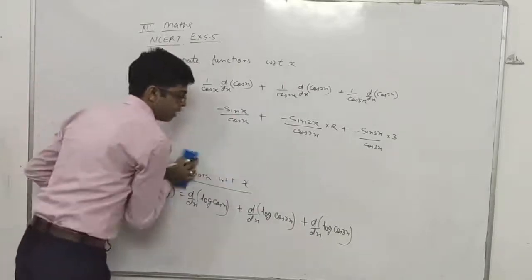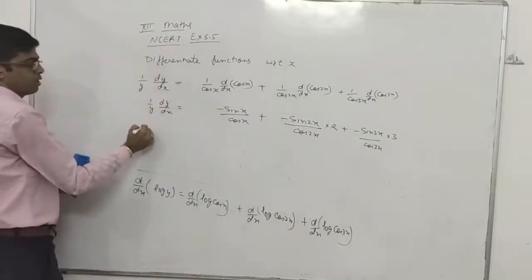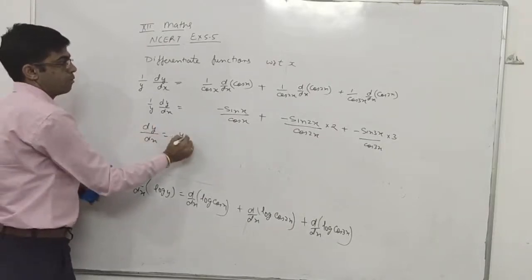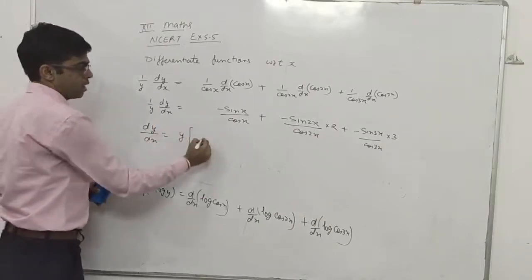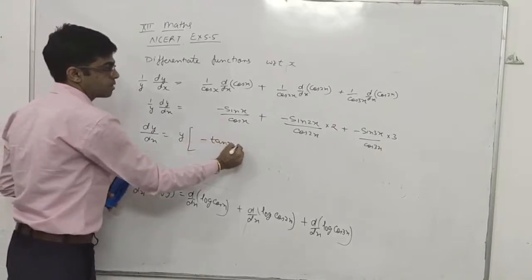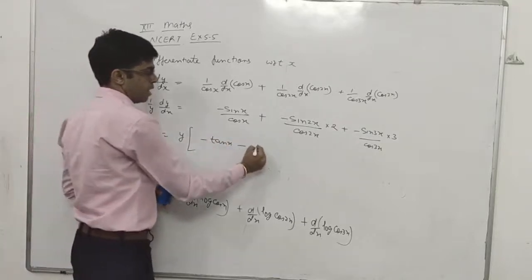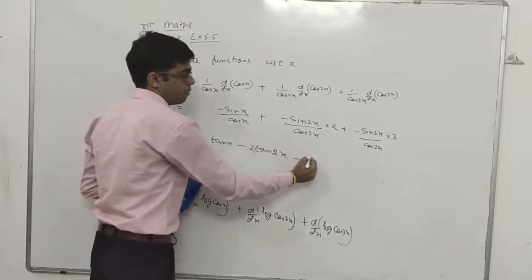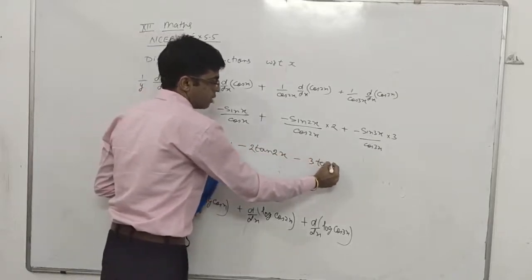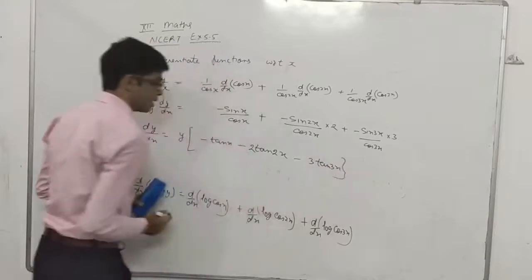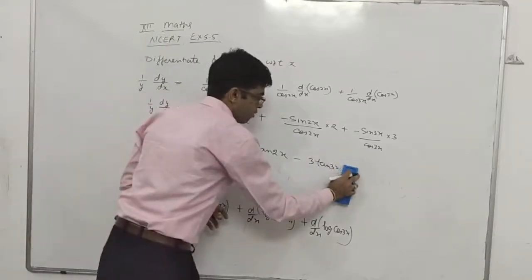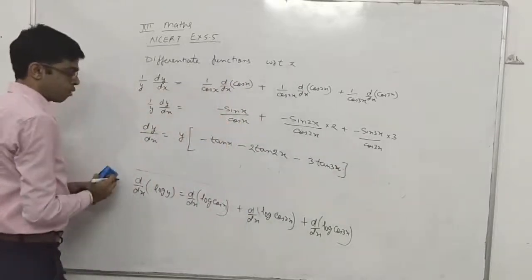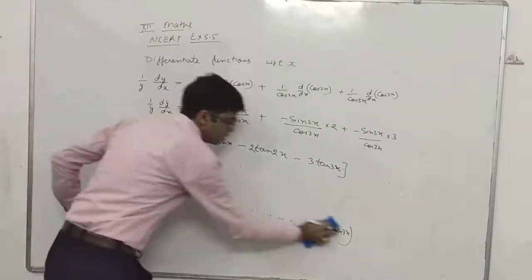Now finally our answer to this question will be y multiplied by minus tan x, minus 2 tan 2x and minus 3 tan 3x. Now what is y? y is cos x, cos 2x and cos 3x.